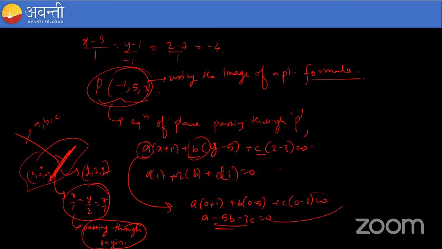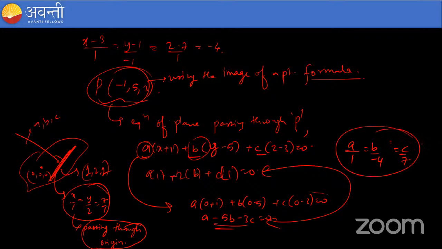Now solving these two, you will get a upon 1 equals b upon minus 4 equals c upon 7, right?